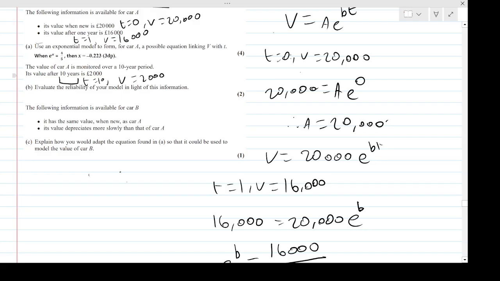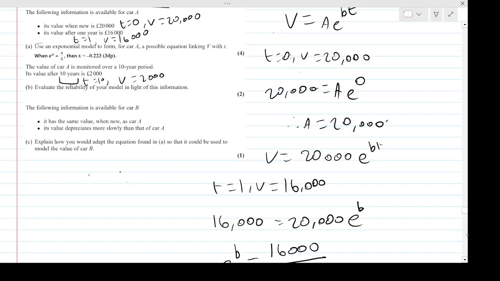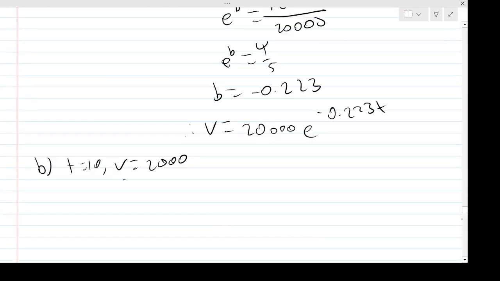Well, we need to substitute this in. So when t is 10, v is 2,000. You could substitute either v or t in, but let's substitute t in. It's a lot easier to solve for v than t.